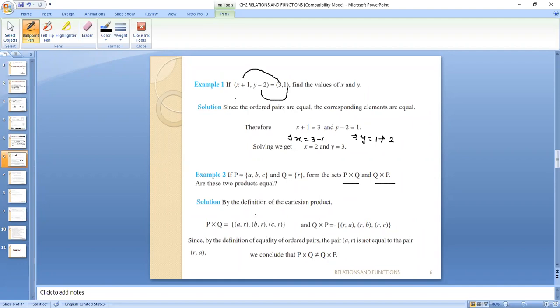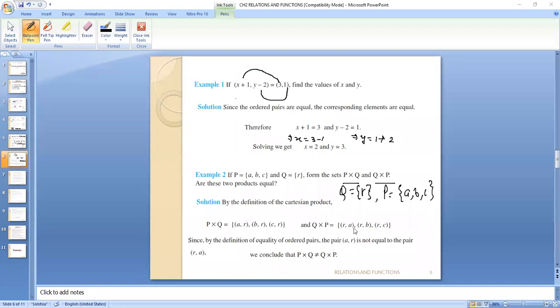This is P cross Q. Next we will find Q cross P. The first element of Q will be the first element in the ordered pair, and P is equal to {a, b, c}. Now we will write r first: r with a, r with b, and r with c.